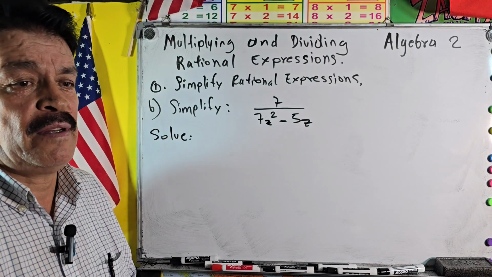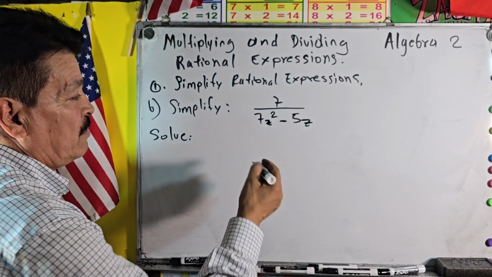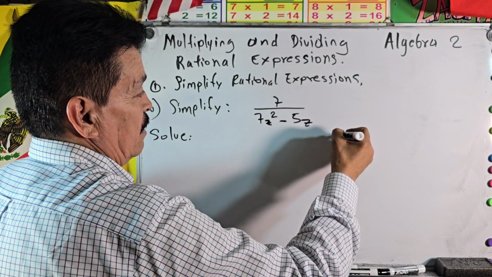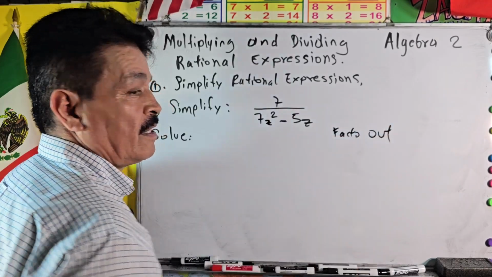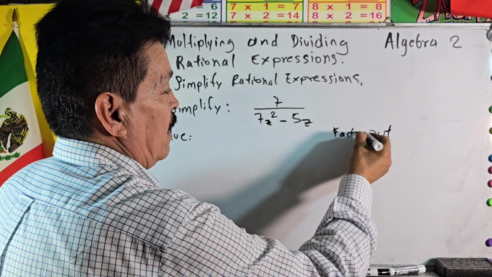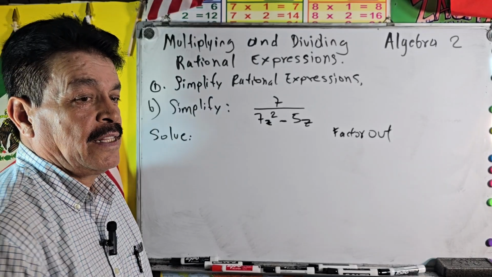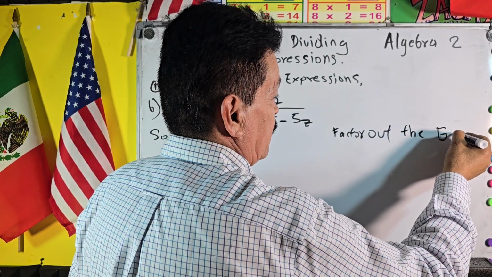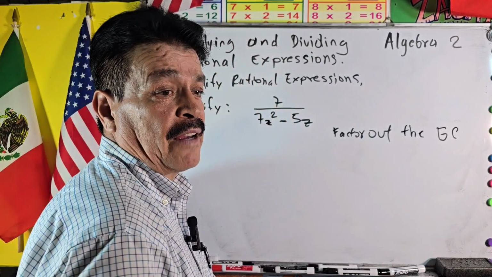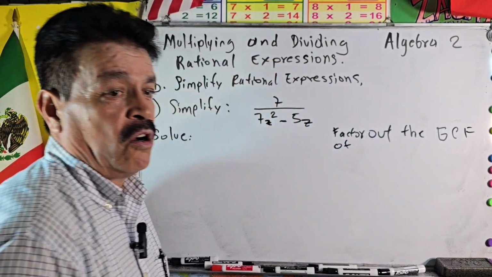So the first step is to factor out the GCF, of what?